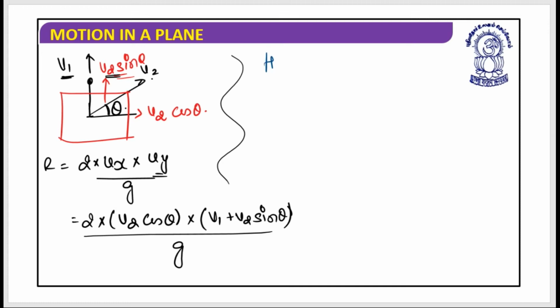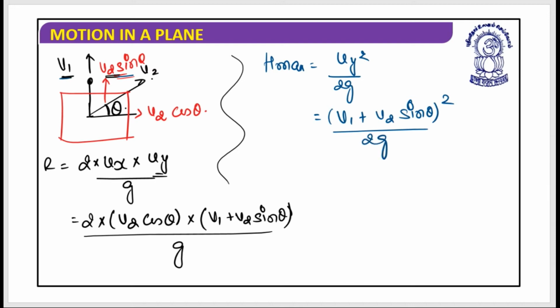Now what about the hmax? How could I write this? hmax is uy square divided by 2g. So this is V1 plus V2 sine theta, whole square, divided by 2g. And what about the time of flight?